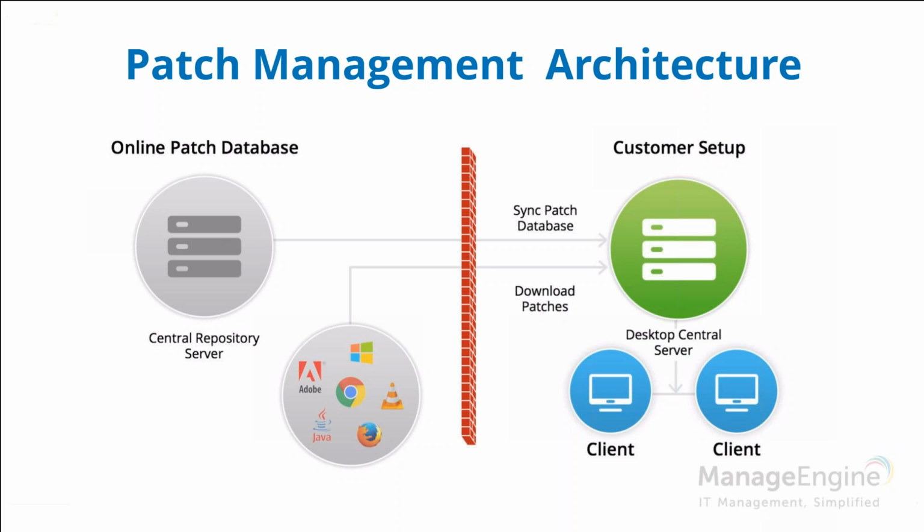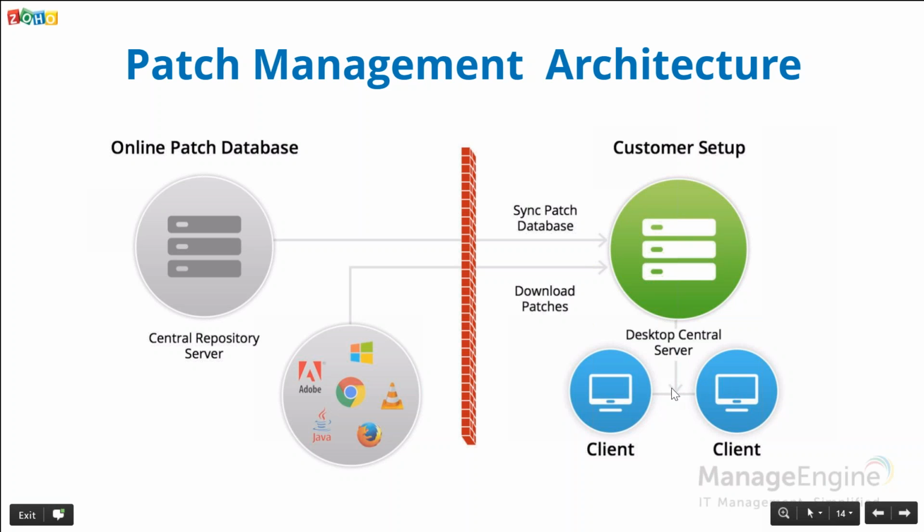So this database contains all the information whenever any patches are released by Microsoft or the third-party vendors. They'll have the info like which patch came out on which date, what application they belong to, the download URL details, the silent switches detection details, and all this info will be published in our central patch repository, which will be synchronized with your Desktop Central server machine on periodic basis.